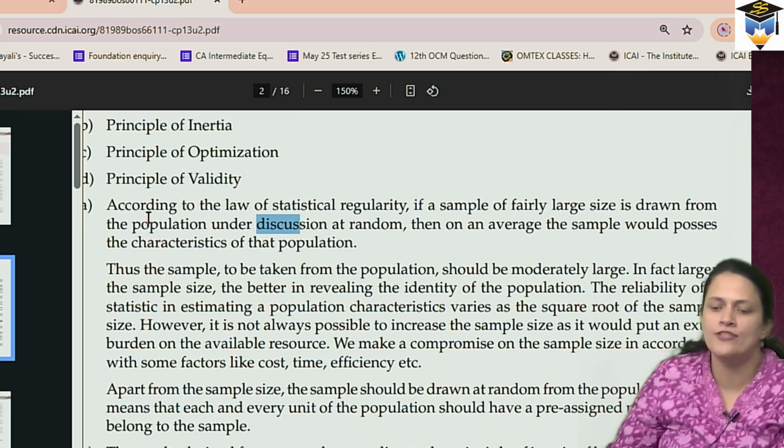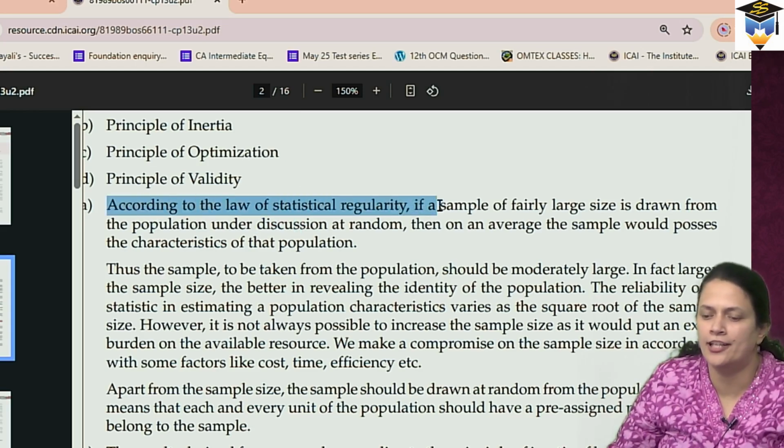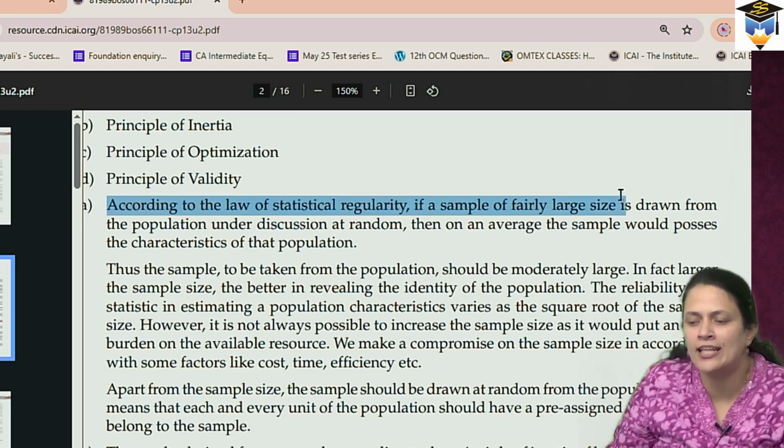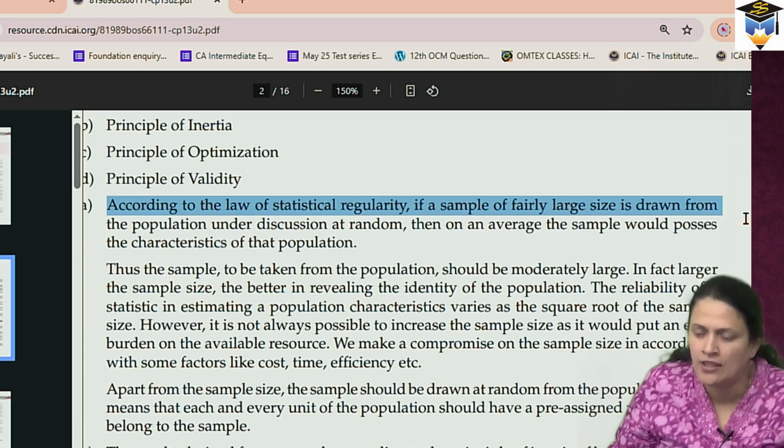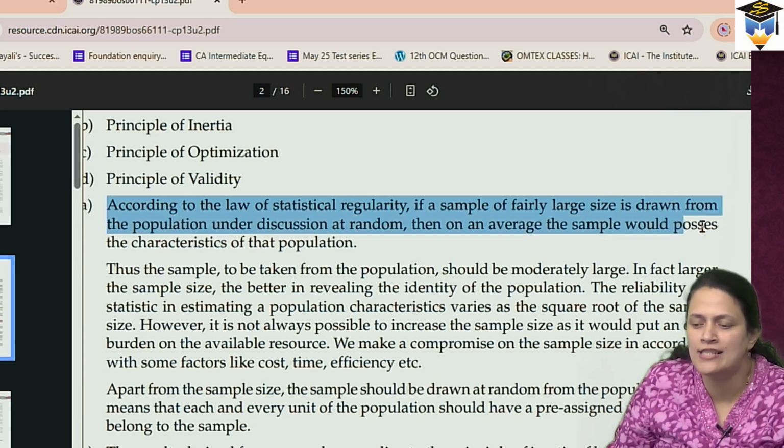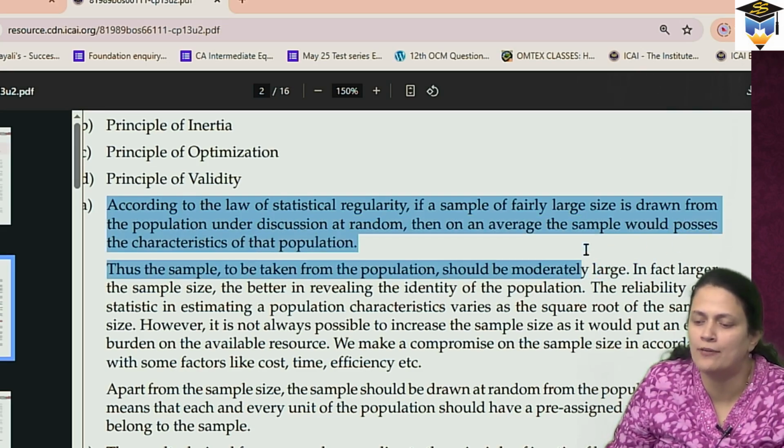According to the law of statistical regularity, if a sample of fairly large size is drawn from the population under discussion at random, then on an average the sample would possess the characteristic of that population.